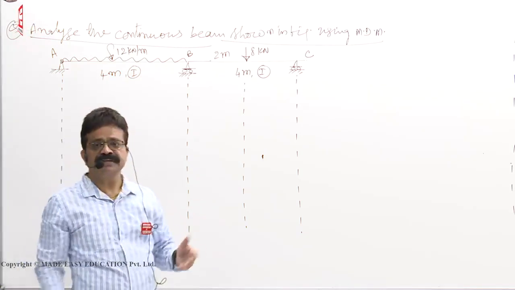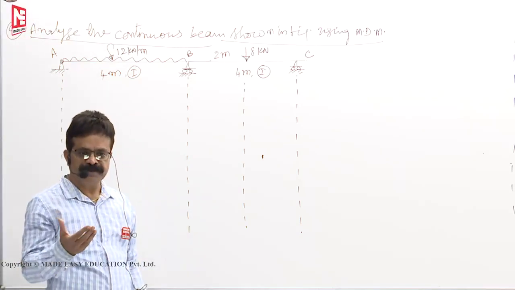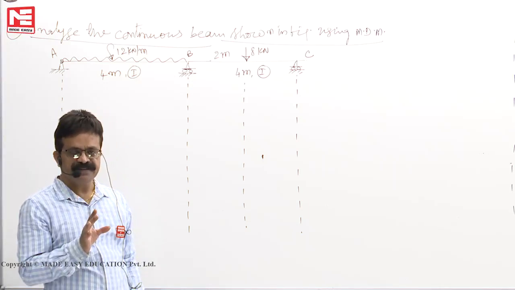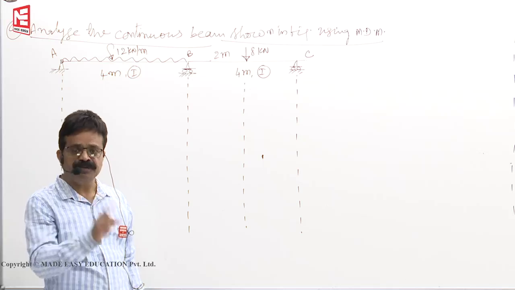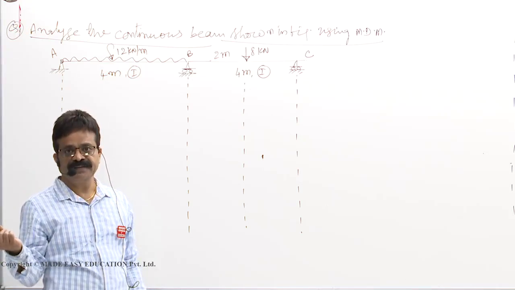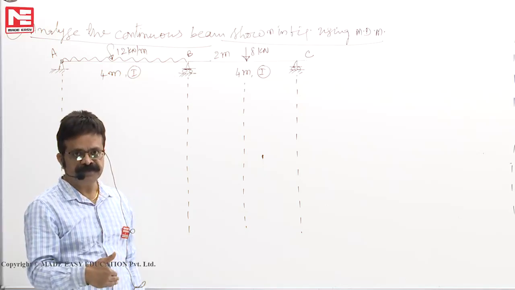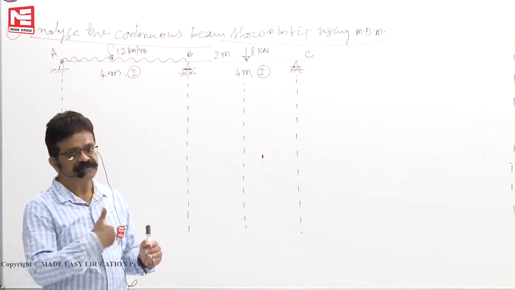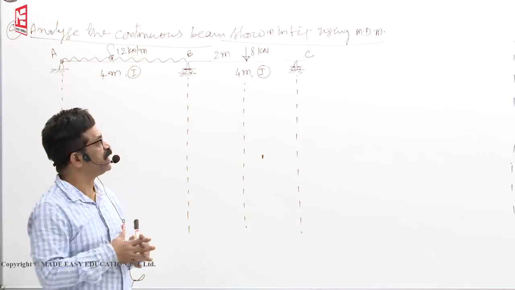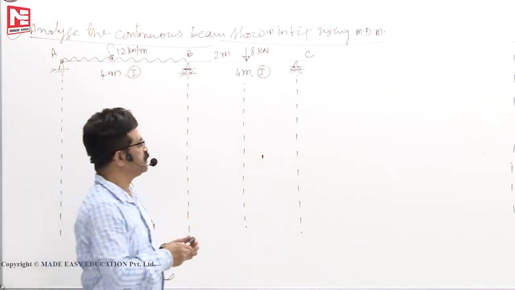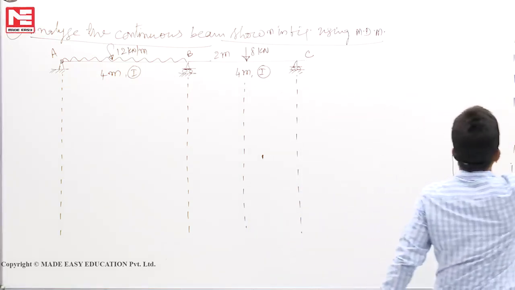Why should we do that? If you don't permit the slope to happen, you know how to find the fixed end moments, and when you release them, you know how much is carried over to the other end. So an unknown problem you convert into a known problem, analyze it, and finally find the end moments in the beam segments. So first step is this one.